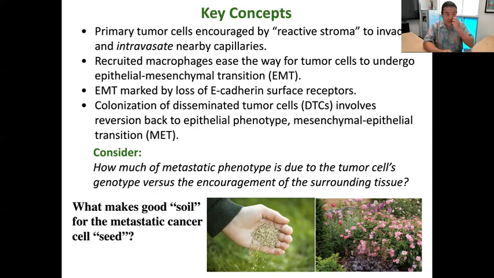I think you can understand that it's really both. The genotype of the plant seed has to be the right type to be okay in a particular soil, and what makes the soil the right type is that it has certain qualities, moisture, nutrients, whatever, to support that seed. So think about it that way in terms of metastatic cancer cells as well.